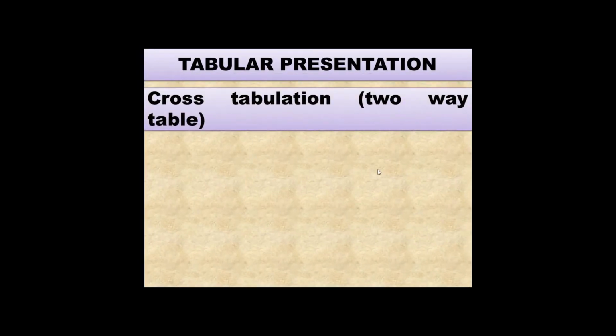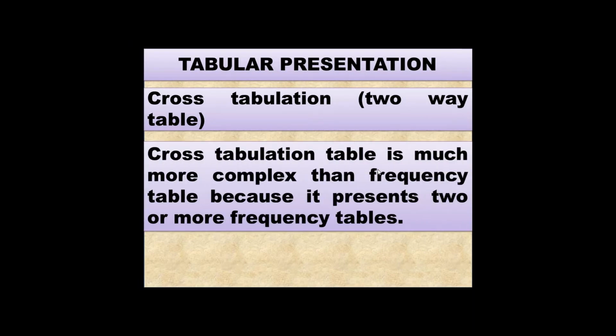Next, on tabular presentation, we have cross tabulation or two-way table. This is usually used in experimental studies, especially in presenting double factor studies. Cross tabulation is much more complex than a frequency table because it presents two or more frequency tables.